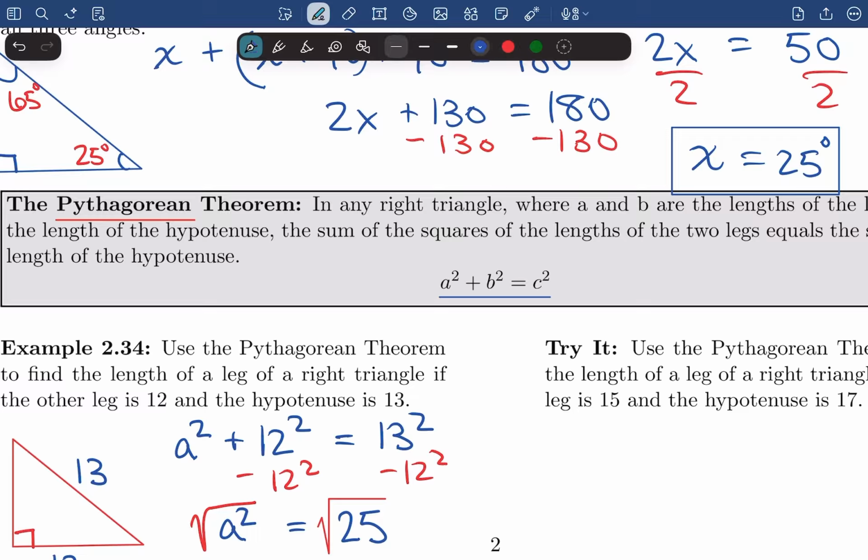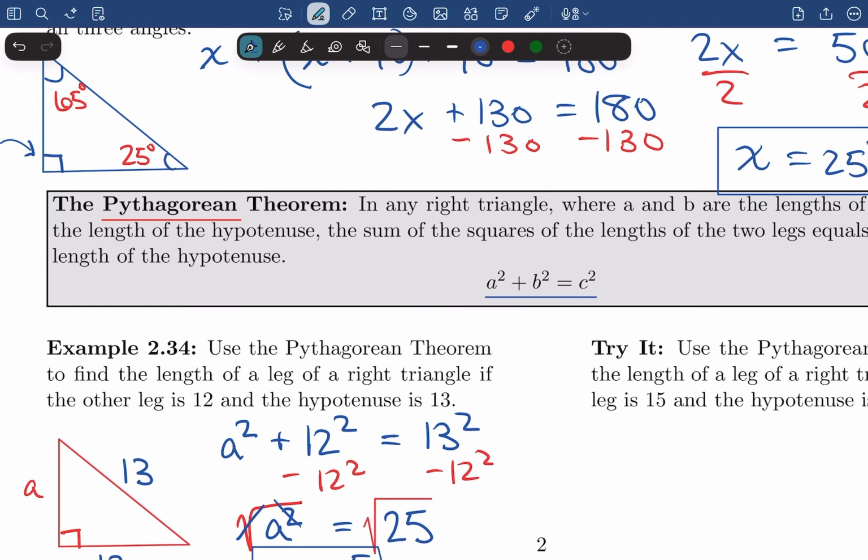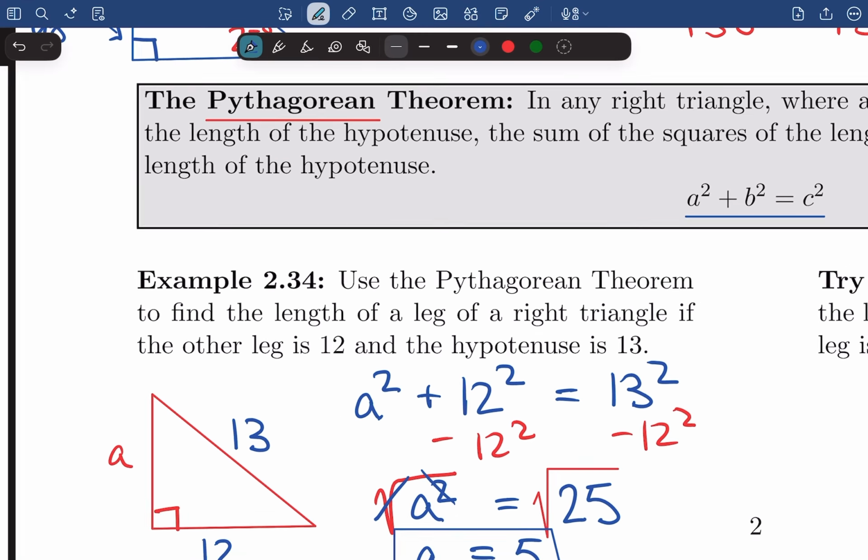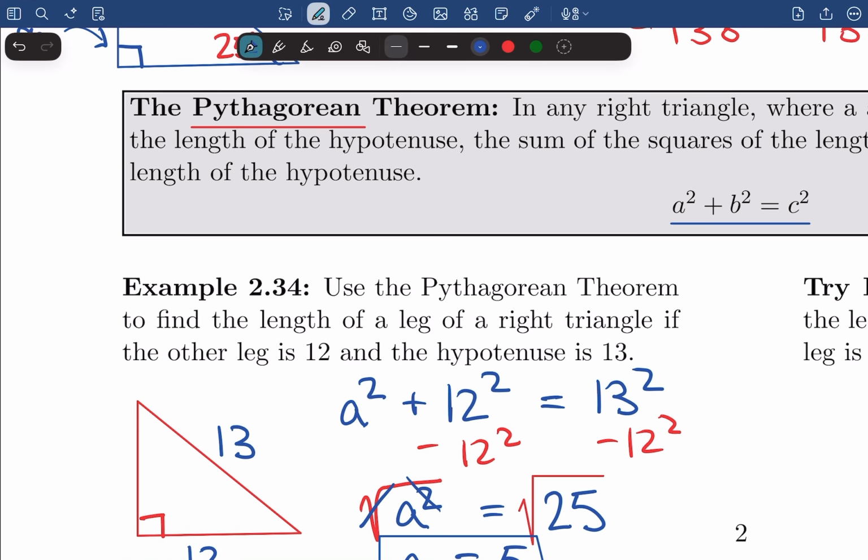So the square root and the square cancel each other. I'm left with just a, and the square root of 25 is just 5. This is our solution. So we now know that this unknown side length, a, is really 5. So I replace it.